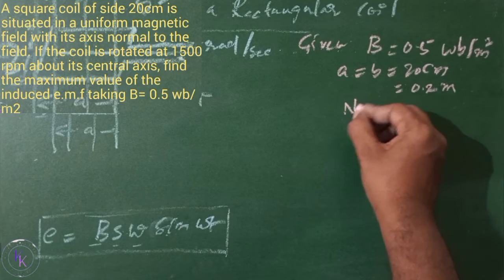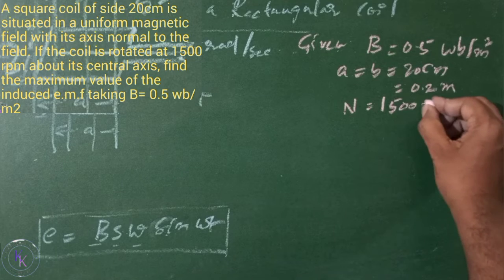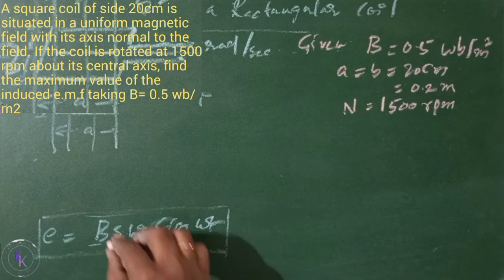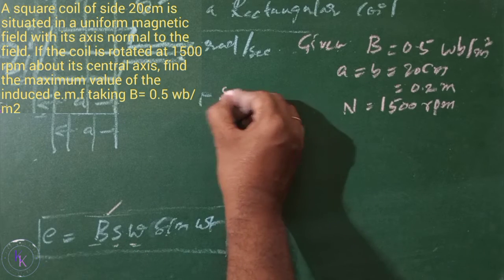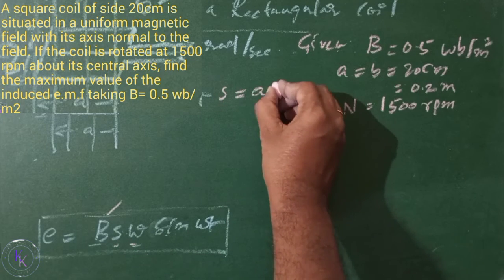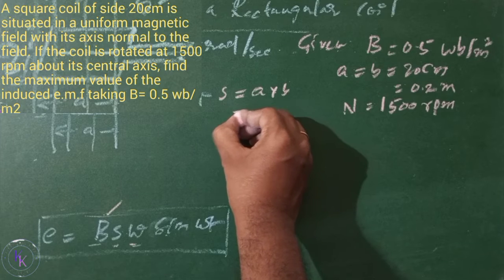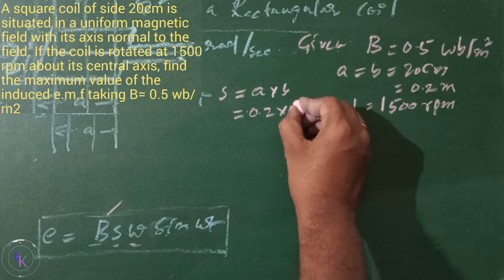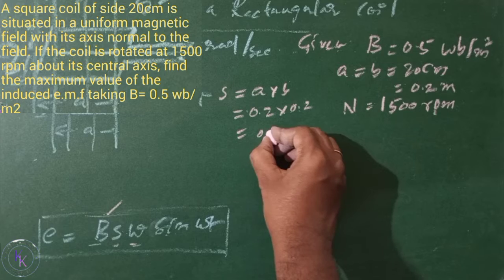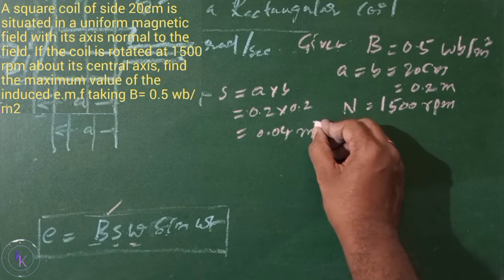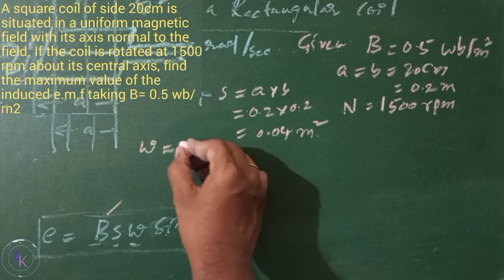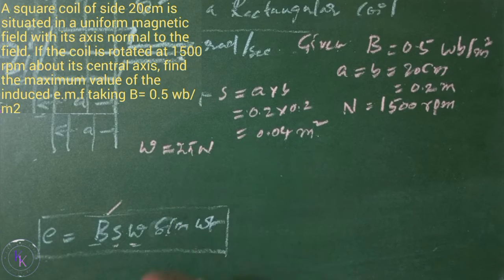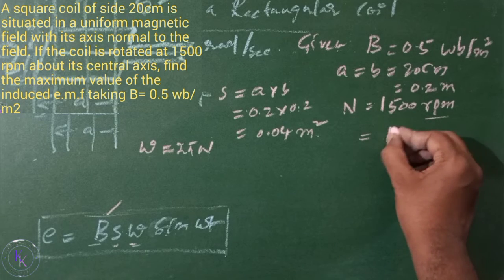Speed n equals 1500 rpm. We know B, and we need to find S and omega. S in our problem is A into B, that equals 0.2 into 0.2, which equals 0.04 meters square. Angular velocity omega equals 2 pi n, but n is in rotations per minute, and we need rotations per second.